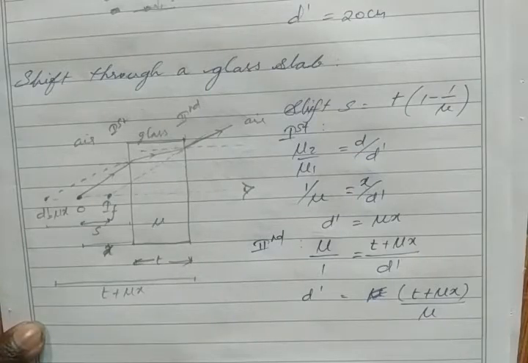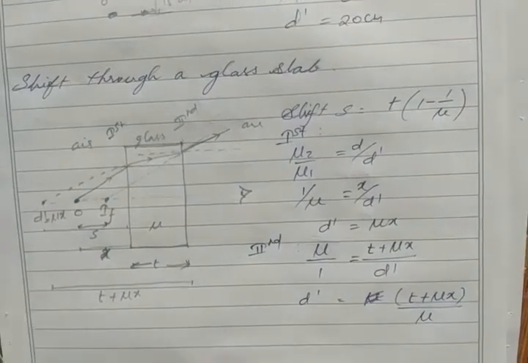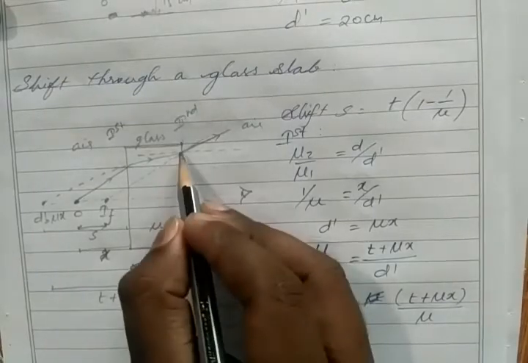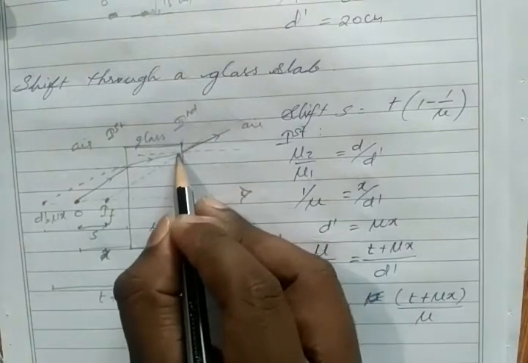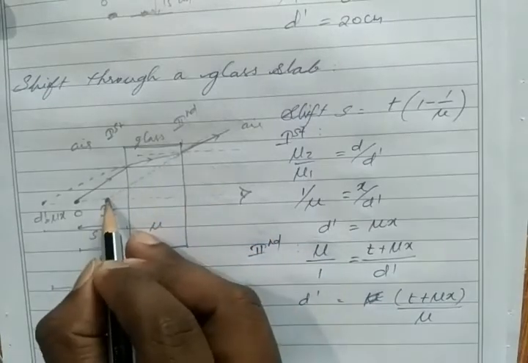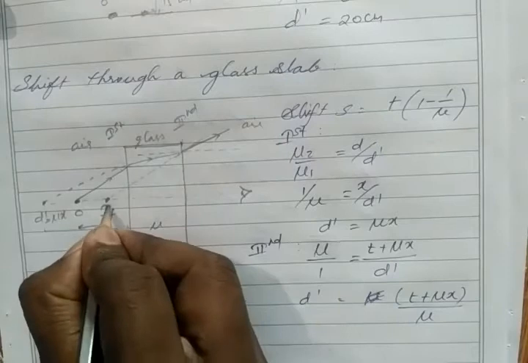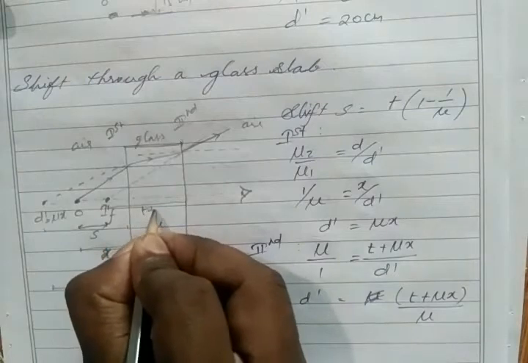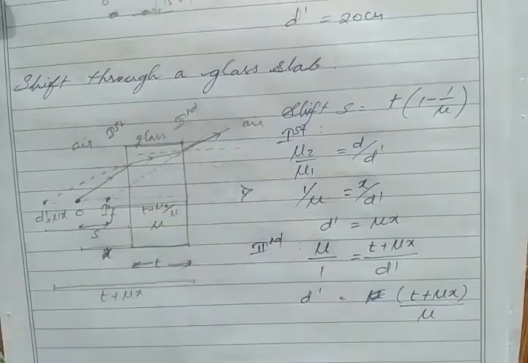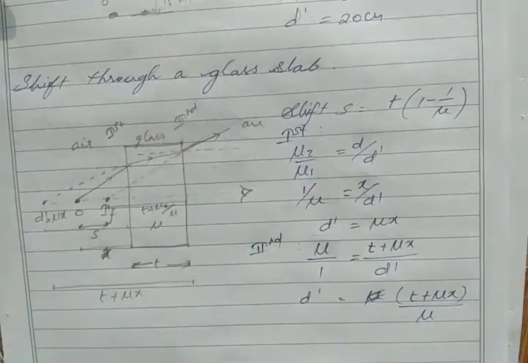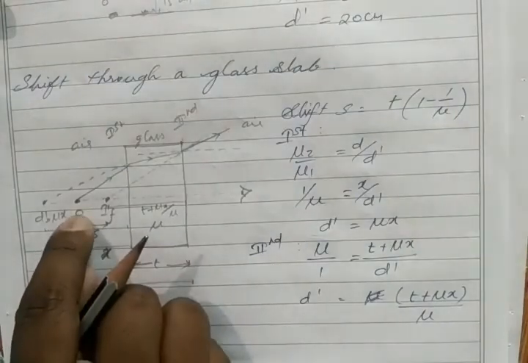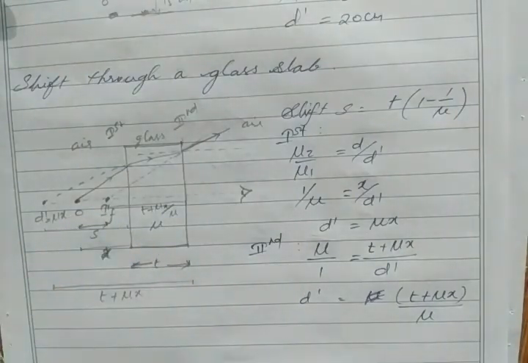What we just found is the final image, which we get from the second interface. If I extend these lines, they join here. This is our final image. We found this distance, t plus mu x divided by mu, but our motive is to find s, the lateral shift, that is the distance between the object and the final image.